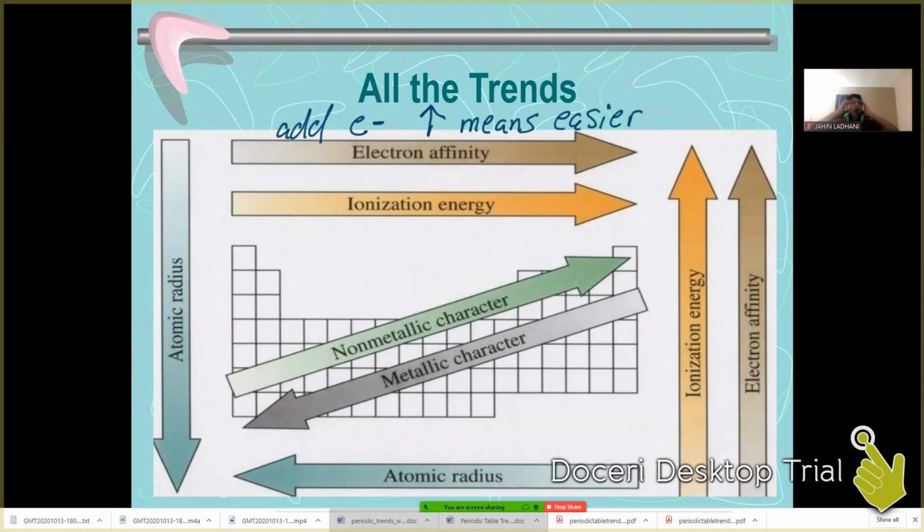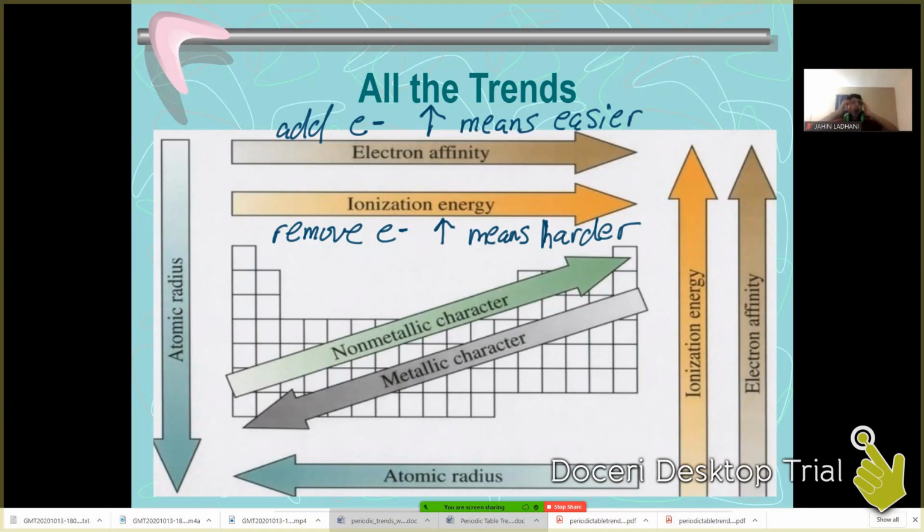And then ionization energy means to remove an electron, and here an increase means it's harder to remove. So they're pretty much opposite of each other.